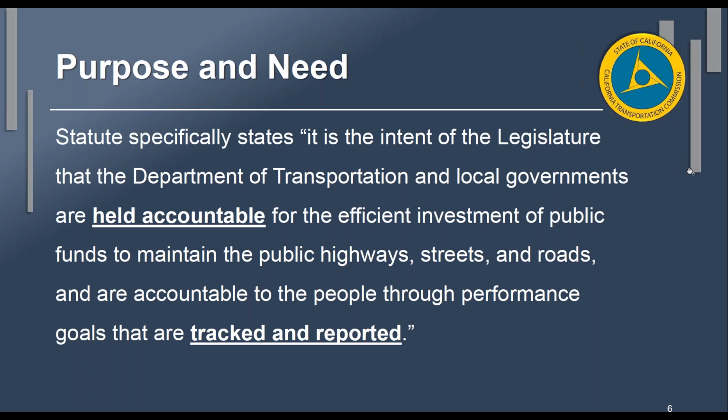It specifically states, it is the intent of the legislature that the Department of Transportation and local governments are held accountable for the efficient investment of public funds to maintain the public highways, streets, and roads, and are accountable to the people through performance goals that are tracked and reported. As you can see on the screen, I have held accountable and tracked and reported underlined in bold.